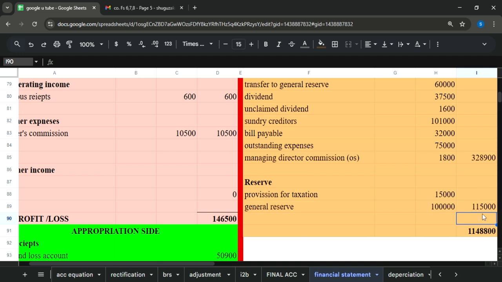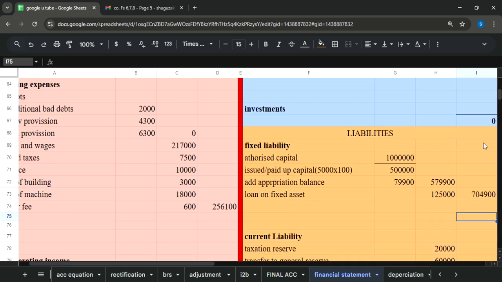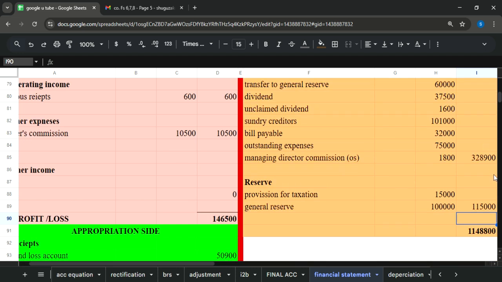And finally, to take the liability side total, we will take the sum of all these three: fixed liability total, current liability total, reserve total. Sum of these three is the total of the liability side, and please note it down, it is also the total of the balance sheet side.